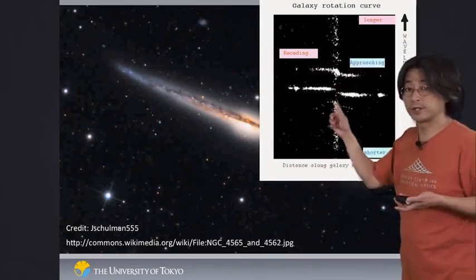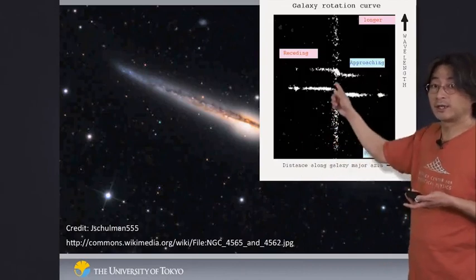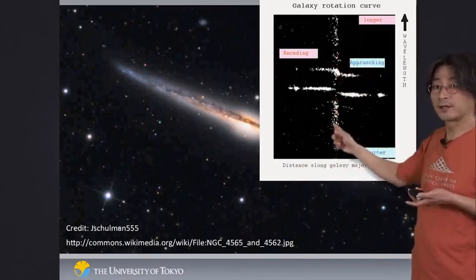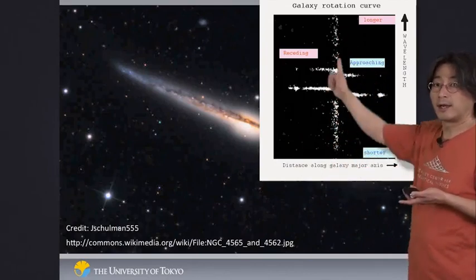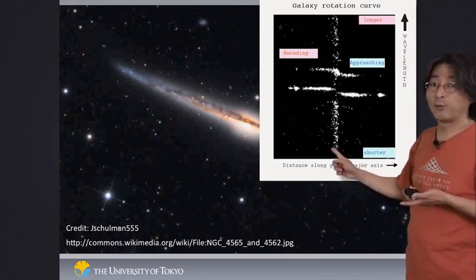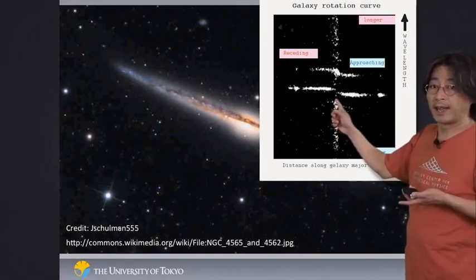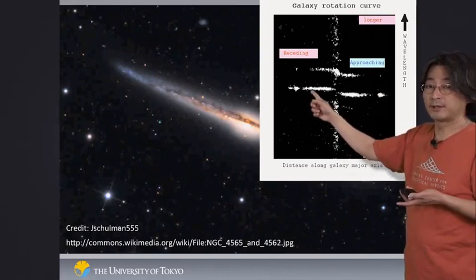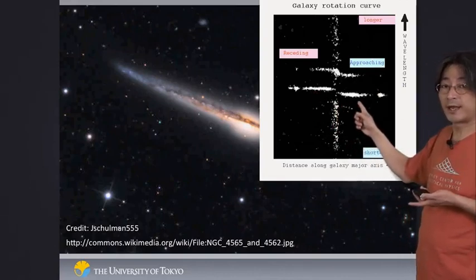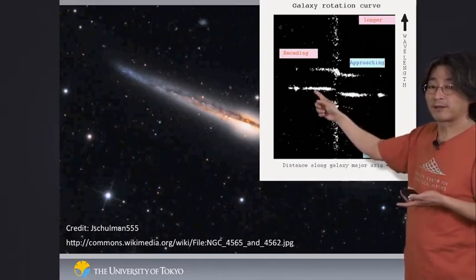That's exactly what you see in this picture. So this line here is the center of the galaxy, and what is plotted on the vertical axis is the wavelength of light. And what you see is that on the left and the right of the center of the galaxy, you see different wavelengths.